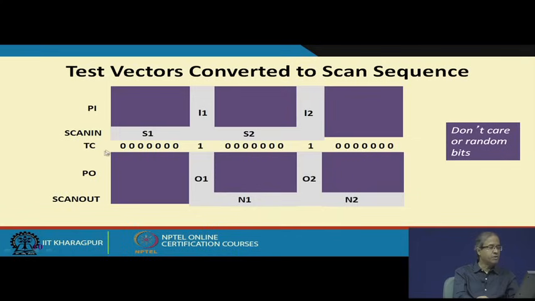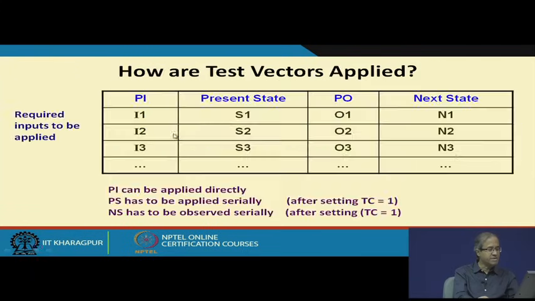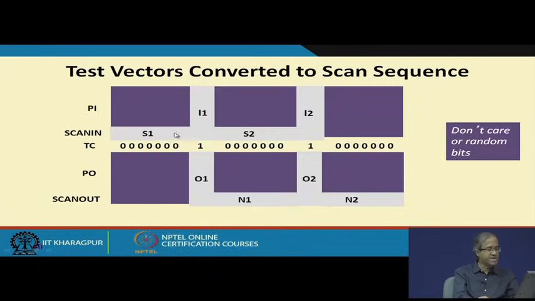So, first I set test control to 0 and serially shift in S1 through scan in. This S1 was my present state part. So, I am serially shifting in S1 while setting TC to 0.